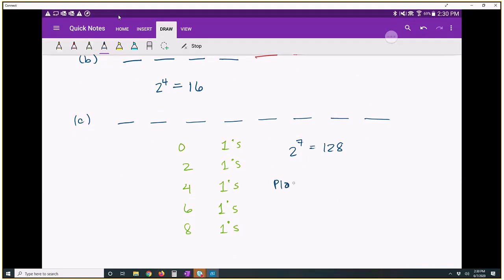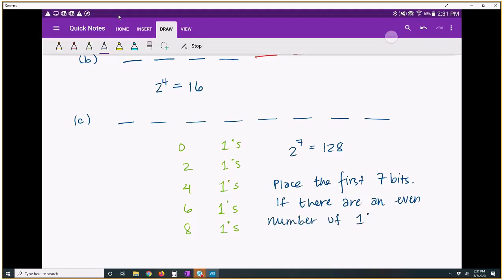So place the first 7 bits. If there are an even number of ones, then the final bit will be a 0.